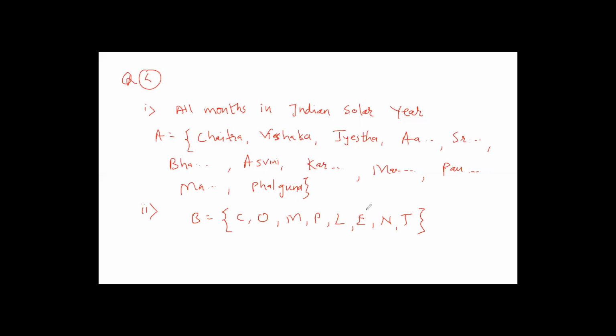Here E is repeated, but you have to write E only one time. Now the third example, set of human sensory organs.